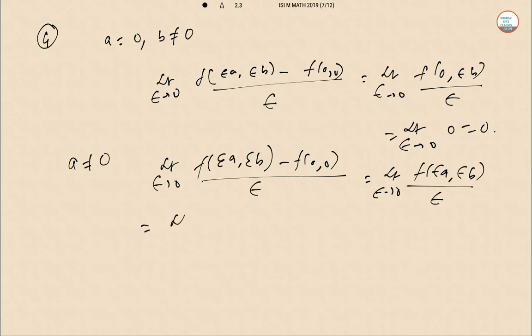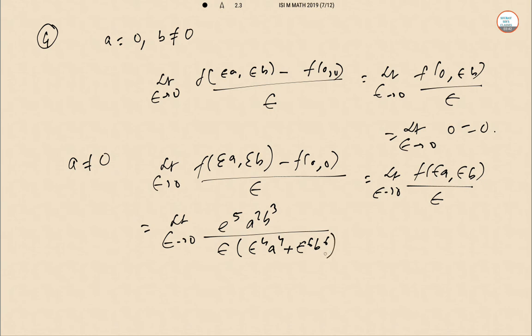So this is limit epsilon tends to 0 of epsilon to the power 5 a square b cubed divided by epsilon into epsilon 4 a4 plus epsilon 6 b6. So finally it will be a square b cubed by a4 plus epsilon squared b6. So this will be done. So b cubed by a square is the final answer.